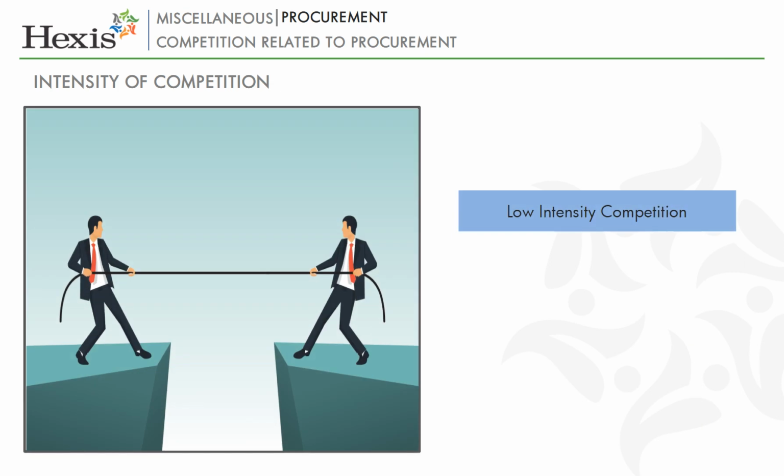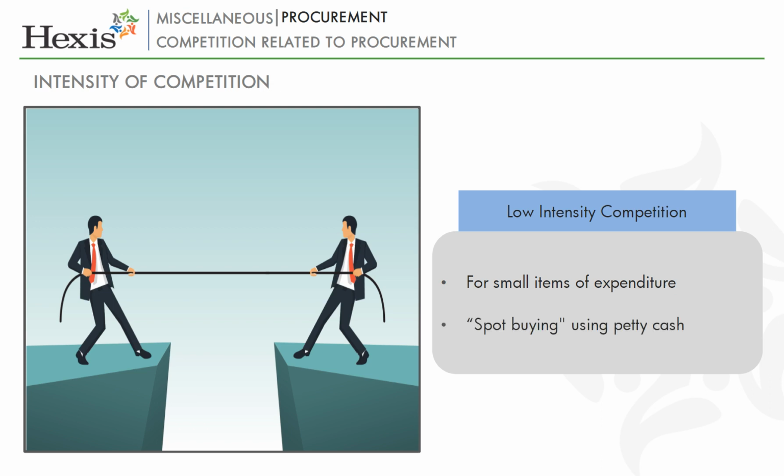Low levels of competition tend to be reserved for small items of expenditure for which the costs of administering competition outweigh any benefits. When organizations undertake spot buying using petty cash, for example, the competitive element may consist of merely casting an eye over prices displayed on a store's shelves.